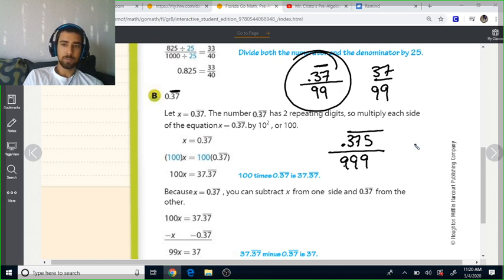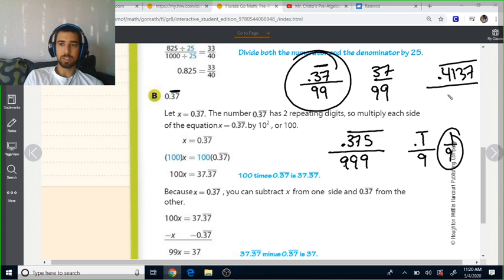If you have 0.1 repeating, you're just going to put it over 9, which will turn into 1 over 9. If you have 0.4137 repeating, you're just going to put it over 9999. However many numbers there are, you're going to put that many 9s.